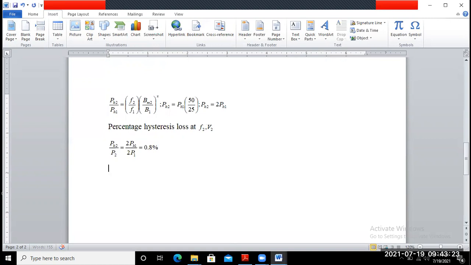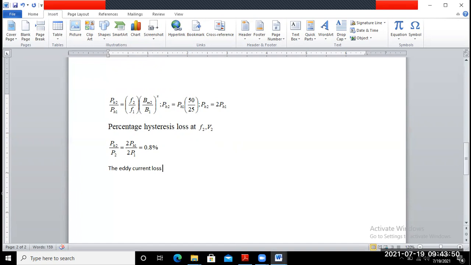Okay. Similarly, just find out the relation of the eddy current loss. Remember the relation of eddy current loss in terms of frequency and maximum flux density square.